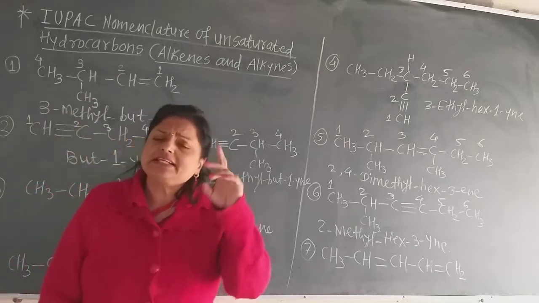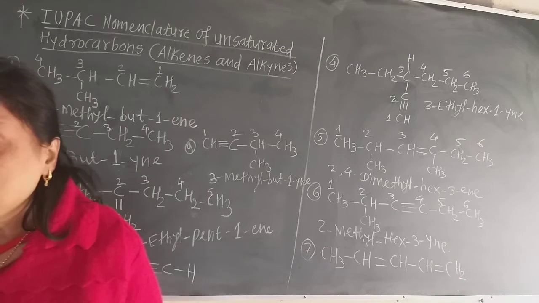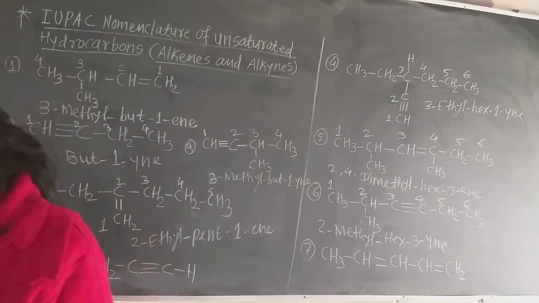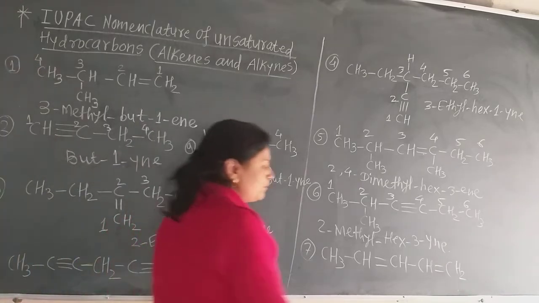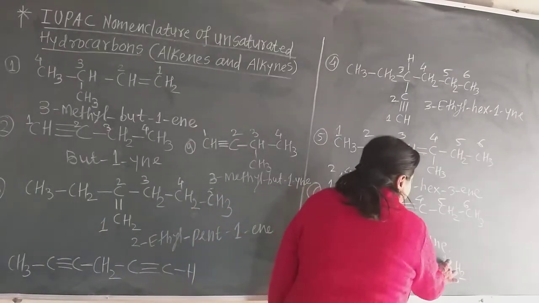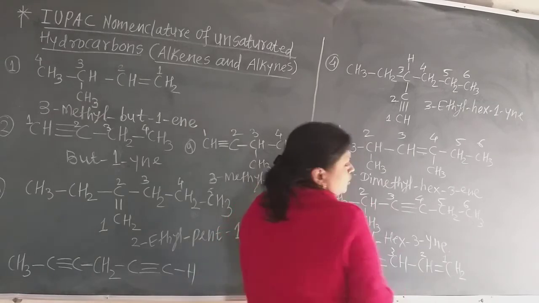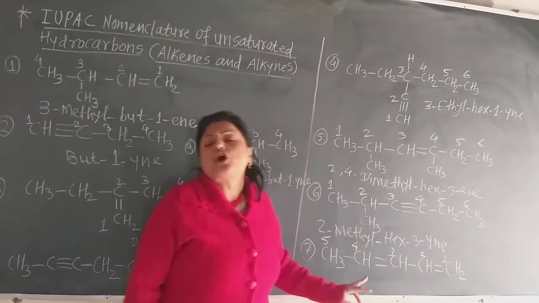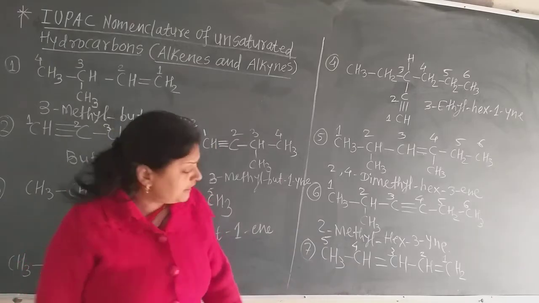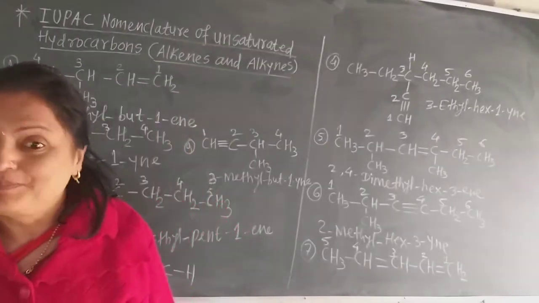But always remember in your mind that you number from the side which has the nearest double bond. So here the numbering is from this right side: 1, 2, 3, 4 and 5. Though there is a substituent on this 4th carbon, we still have to number from this side because the double bond is on that side first.